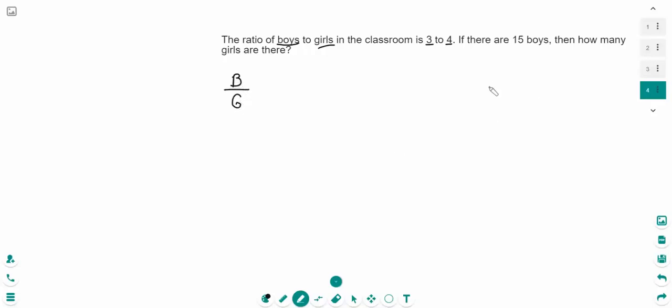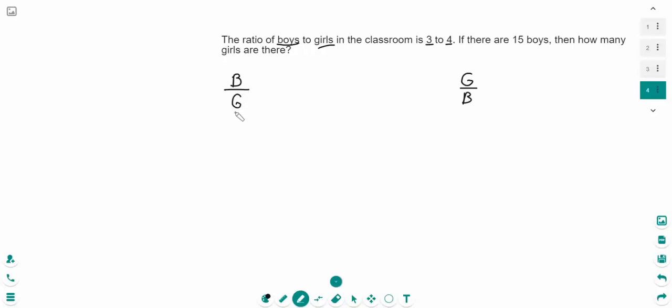Now, you might be willing to say that it's girls to boys. That's fine too. We could compare it either way. We can put boys on top or we can put girls on top. It's just going to change how we set up the problem a little bit, but we're going to get the same answer in the end. So boys to girls.